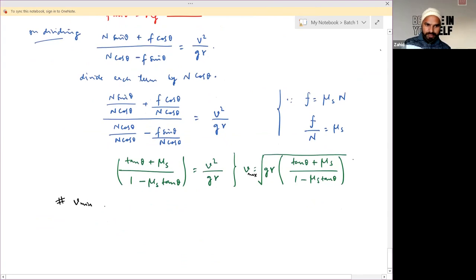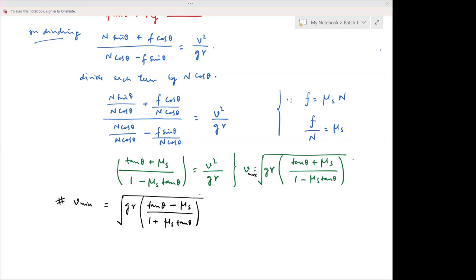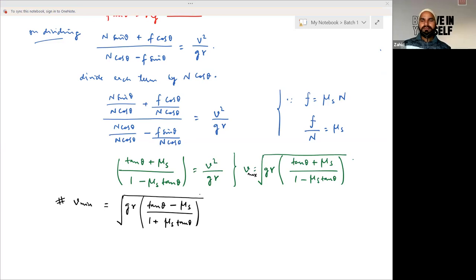So for that, you will get V minimum equals root under g r times tan theta minus mu static divided by 1 plus mu static into tan theta. Just the reverse direction of each term. Okay. Is it clear? Yes, sir. Okay, just write down.